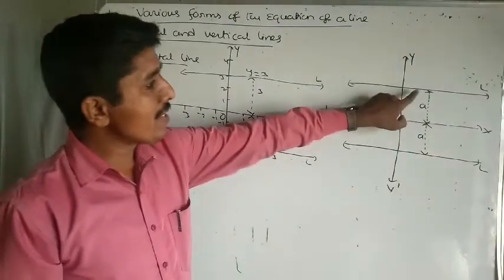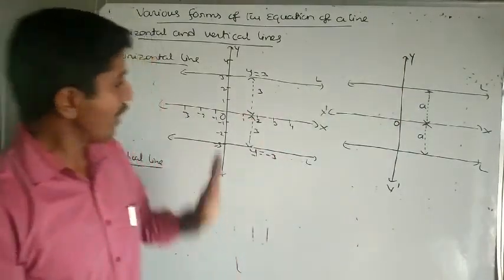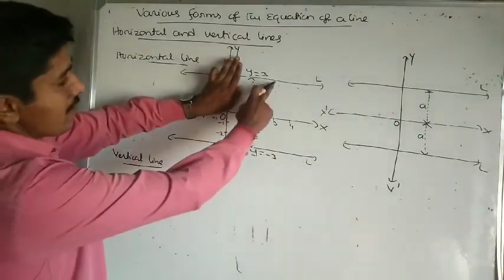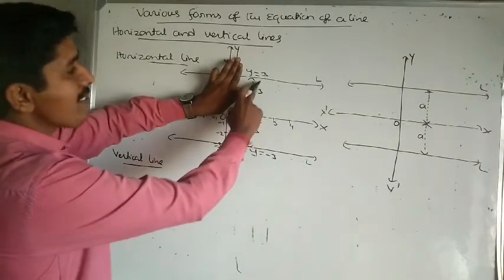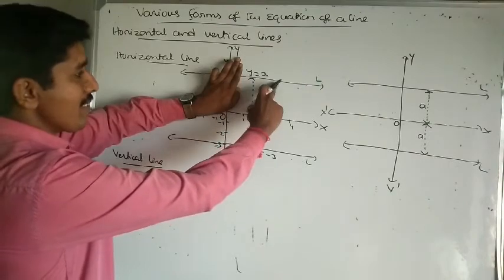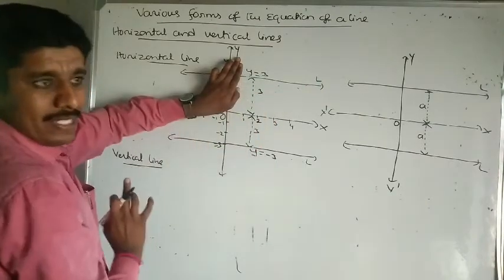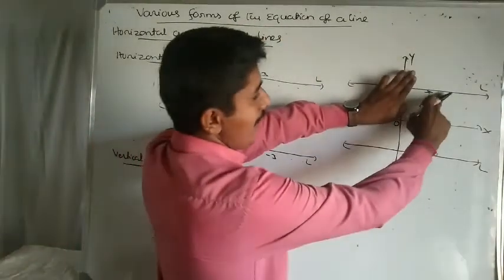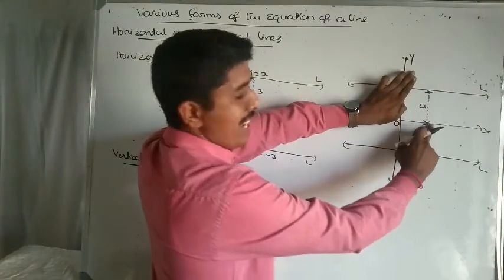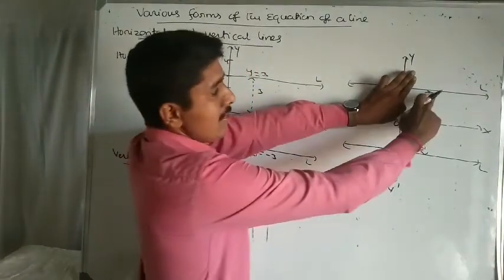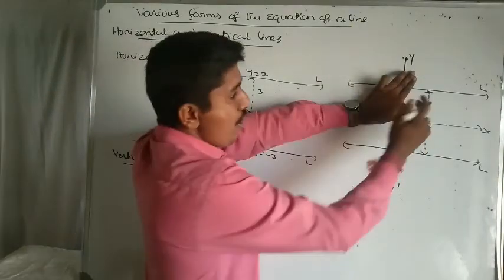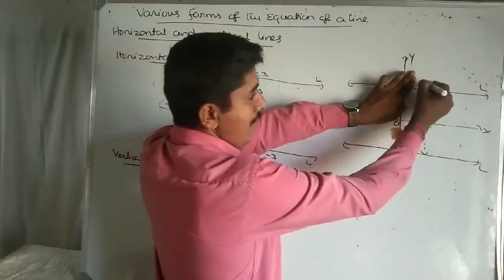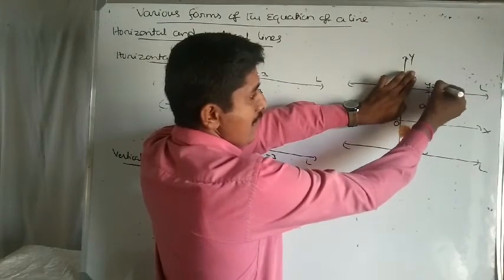Now tell me, what is the equation of this line L? Here you can say that this line is at a distance of 3 units from the x-axis and lies above the x-axis, therefore the equation of this horizontal line is y equal to 3. Similarly, this line L is at a distance of a units from the x-axis and lies above the x-axis or above the origin, therefore the equation of this horizontal line is y equal to plus a.